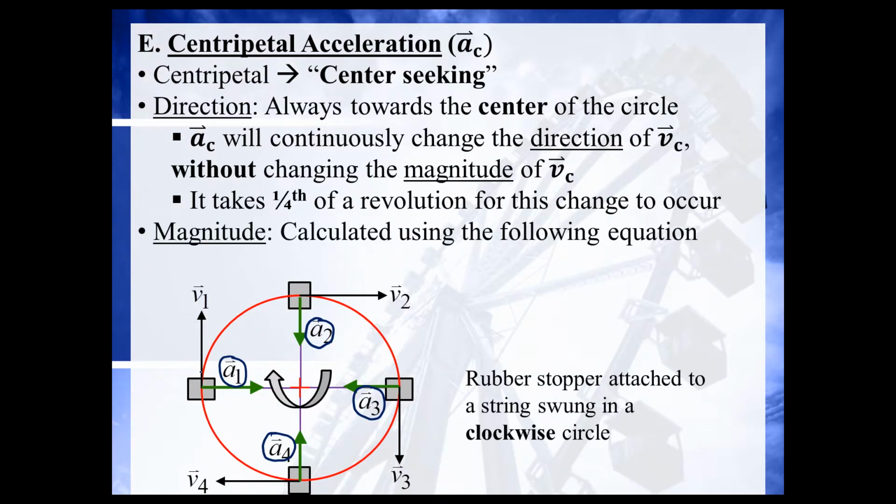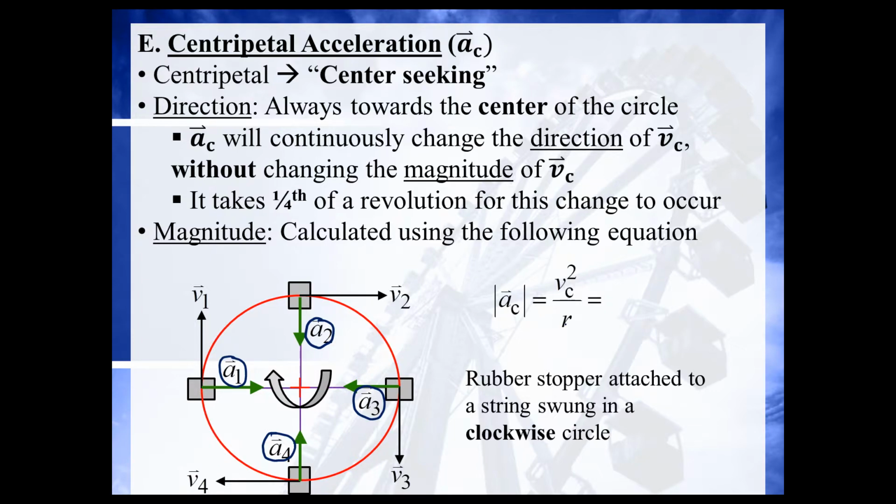To calculate the magnitude of the centripetal acceleration, we have a couple of equations on the formula sheet, although the way it's presented is as a single equation. I'm not going to derive this equation. So the magnitude of my centripetal acceleration is equal to the speed of the object squared, divided by r.